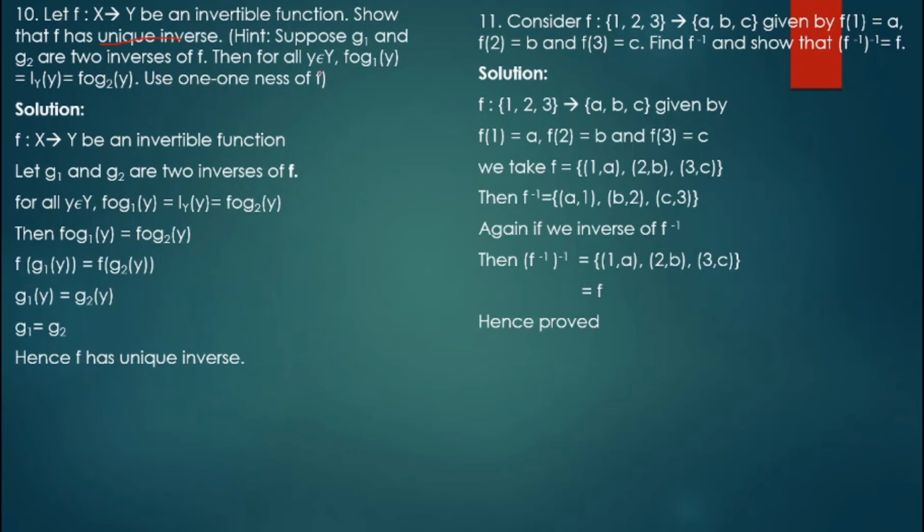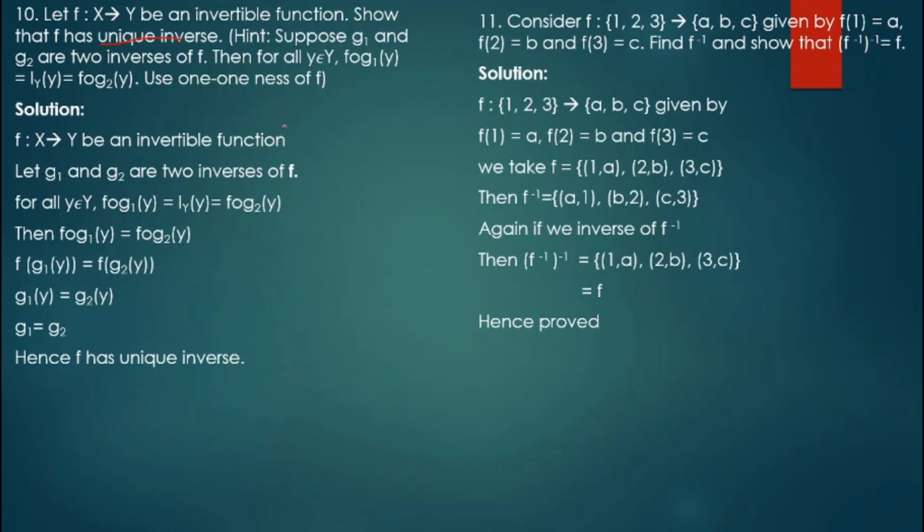Then for all y belongs to Y, f of g1 of y equal to I_Y of y equal to f of g2 of y. Use one-oneness of f. That is what we'll be using here, one method to solve this.